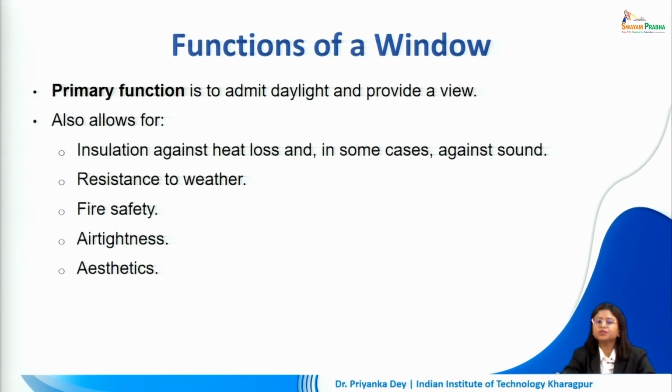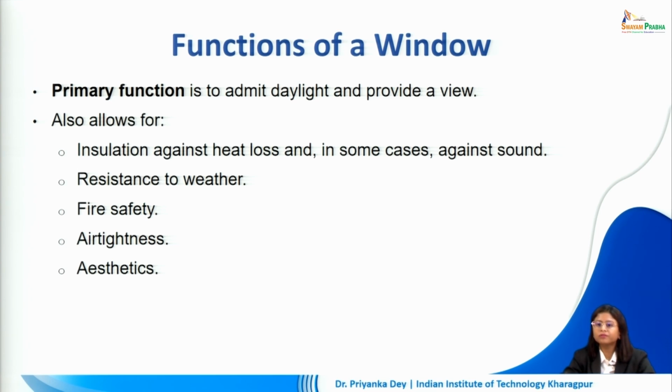The primary function of a window is to admit daylight and provide a view. It also allows for insulation against heat loss and in some cases against sound. Today, given that energy efficiency of a building is very important, fenestration or the finish of the window is very important to decide how much heat gain or loss will happen in a particular space.